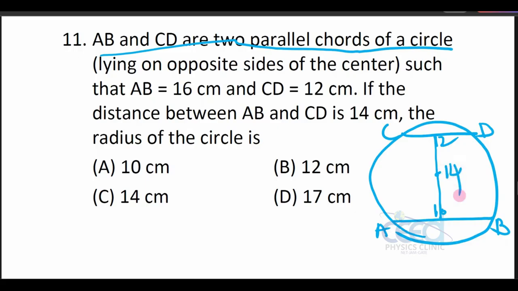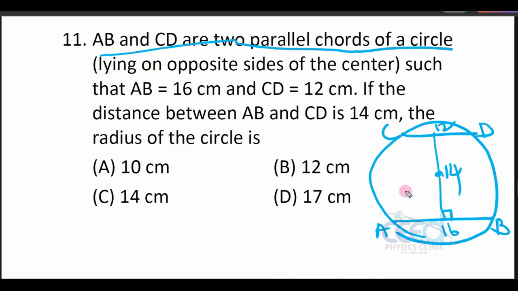The radius of the circle is what? We know one property: a perpendicular drawn gives the distance between parallel lines.